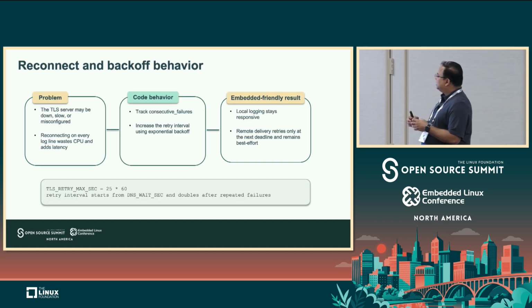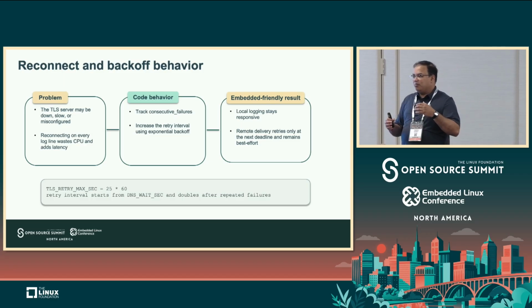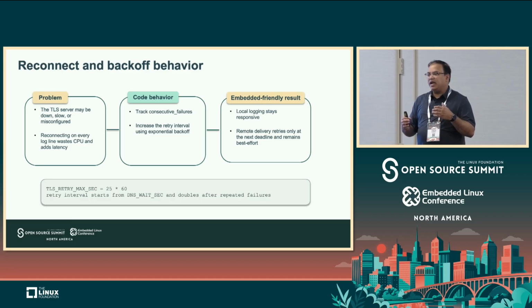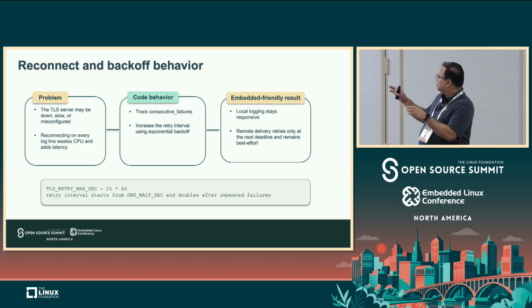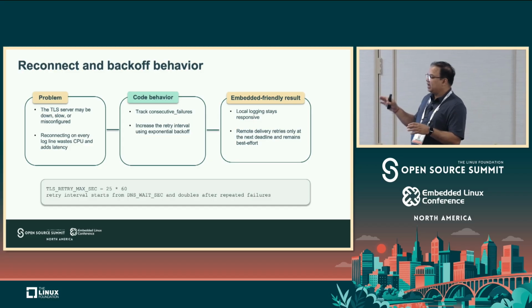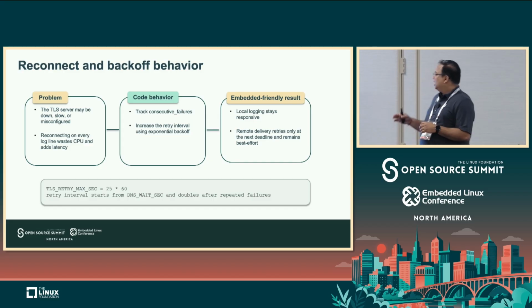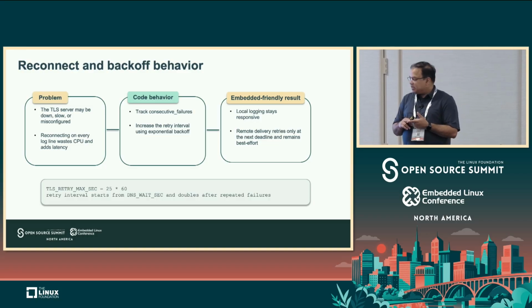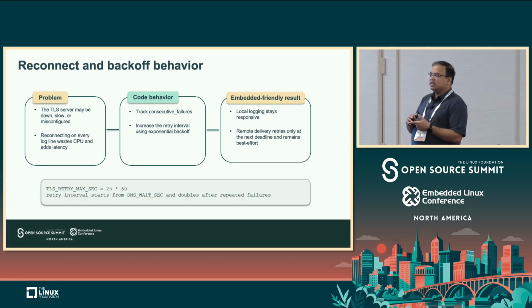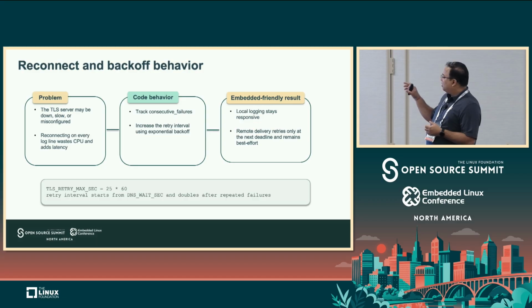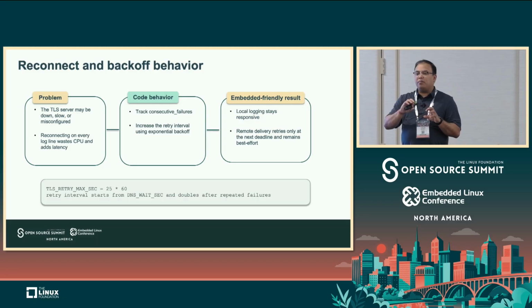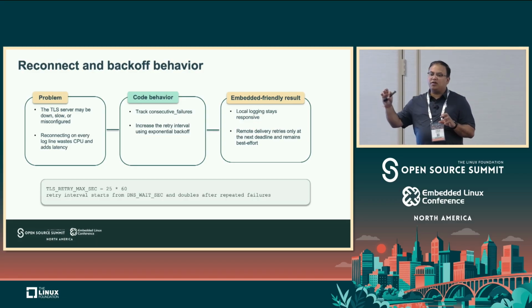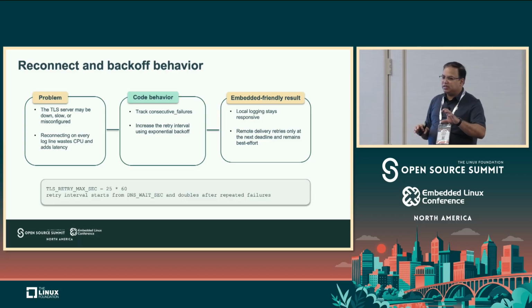Now, the TLS server might be slow, might be down for some time. So this is how we handle the reconnect and the backoff behavior. If the TLS server is down, slow, or misconfigured, the code ensures that we are not pumping too much traffic to that server, trying again and again, making the embedded device slower.